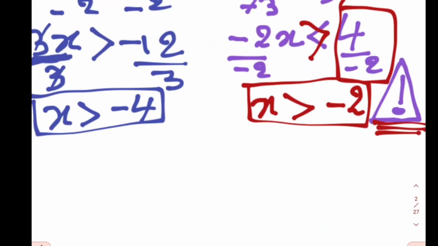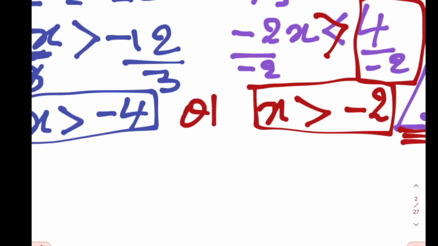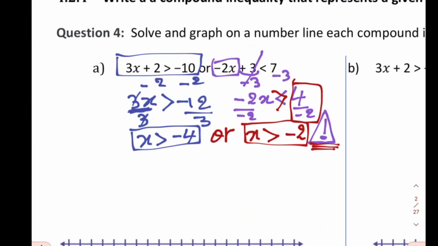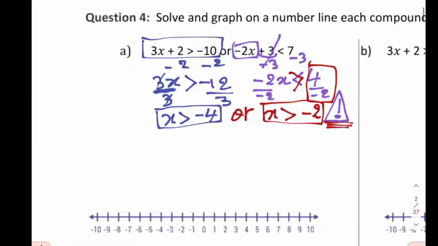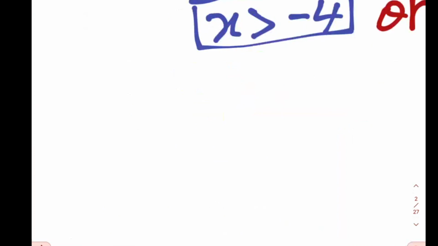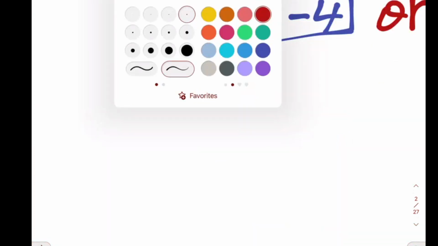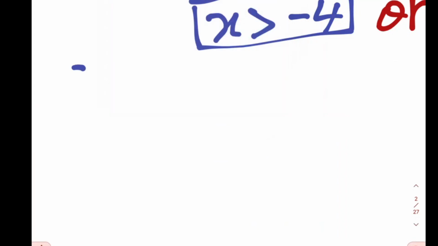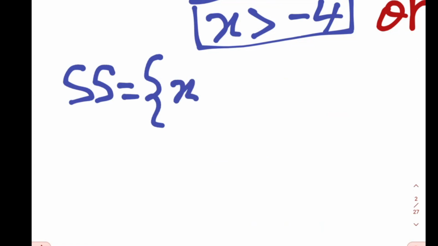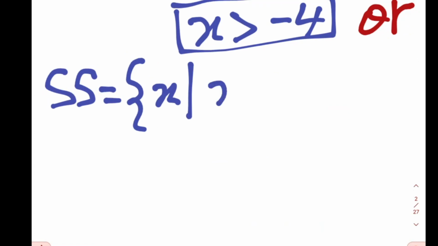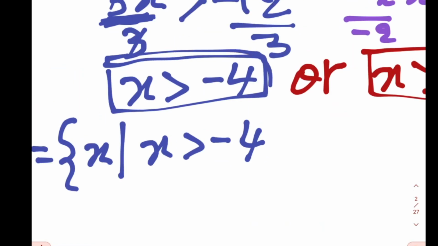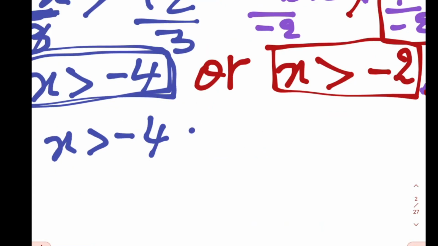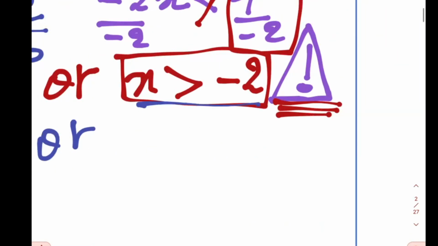Now, these two are separated with the word or. So in your solution, put or. If they want you to write the solution set, write it like this: the solution set is the values of x such that x is more than negative 4, or, and you copy this, x more than negative 2.